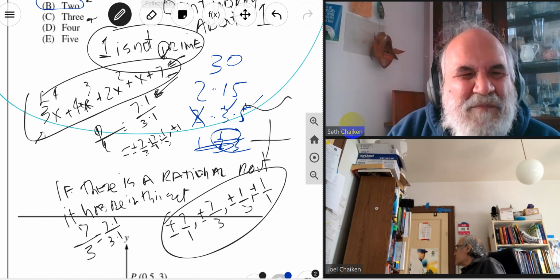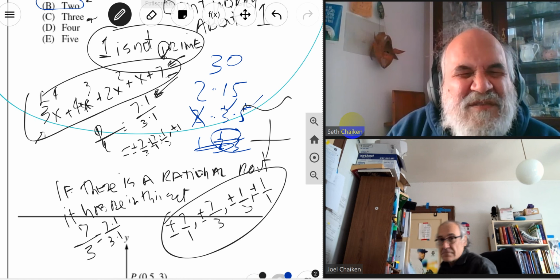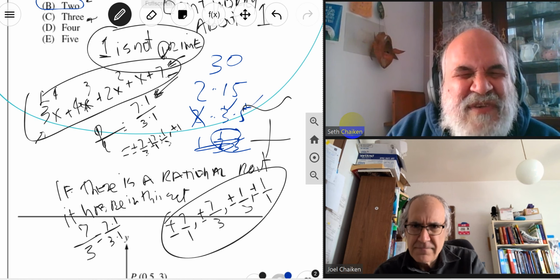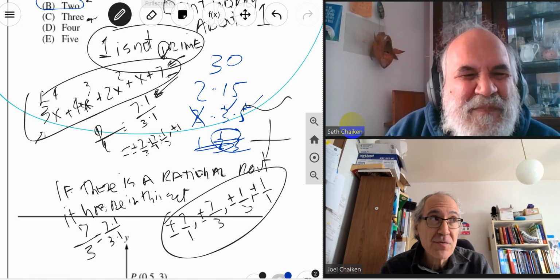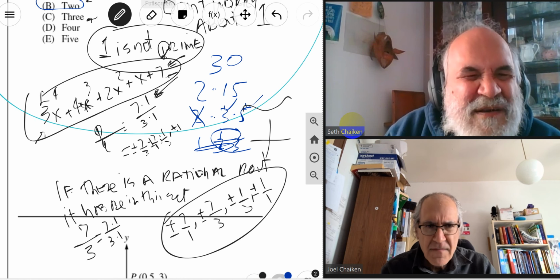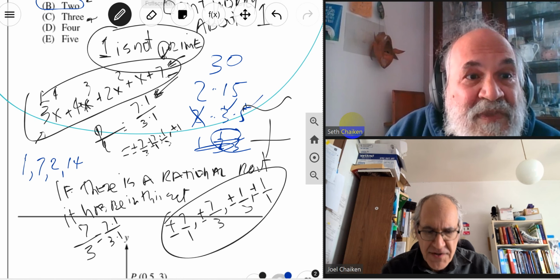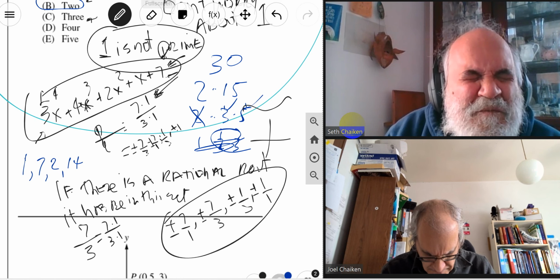Suppose the 7 were 14. Then it would be 1, 7, 2, so the possible numerators would be 1, 7, 2, or 14.